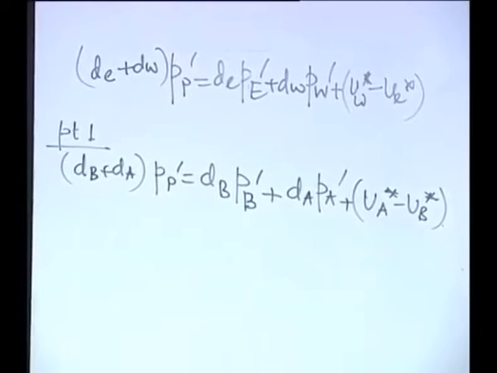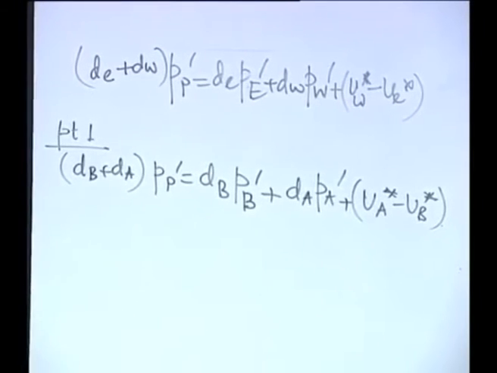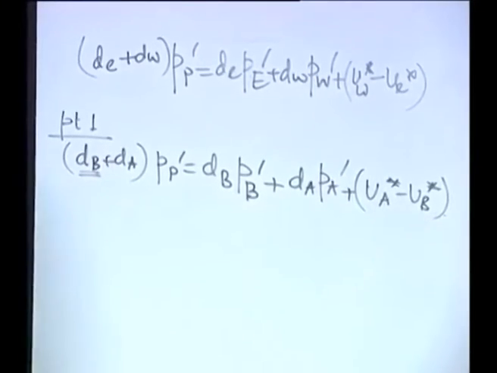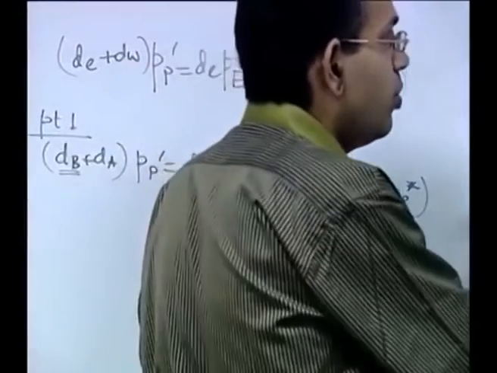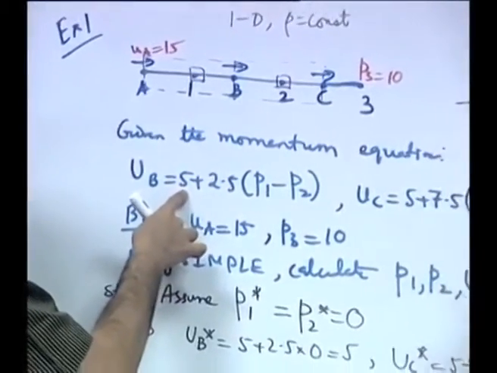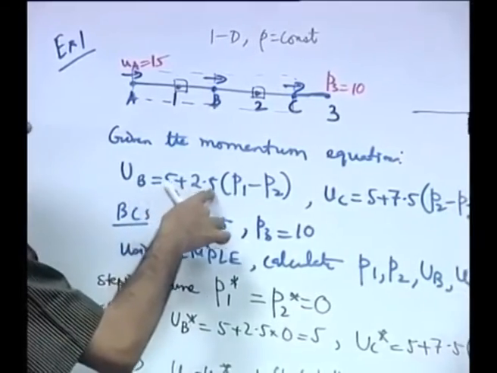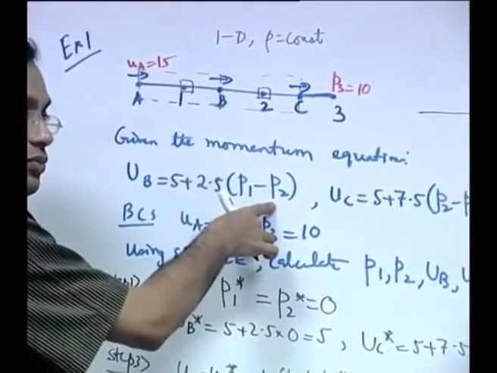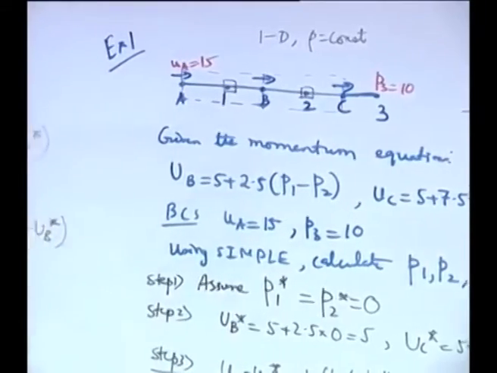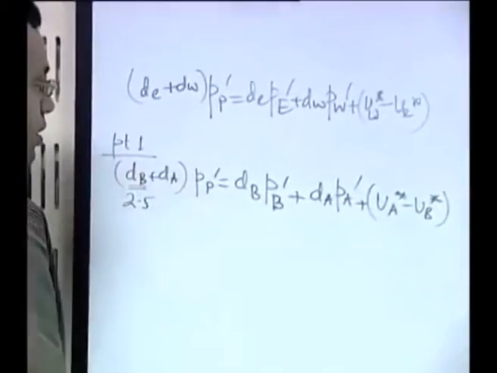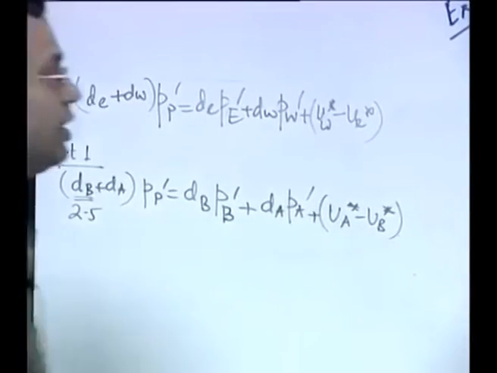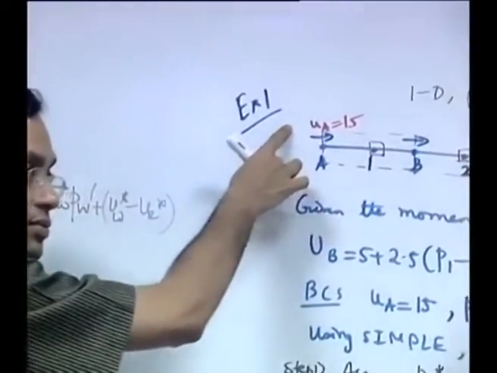What is the value of dB? What is the momentum equation given? It is of the form ub equal to ub star plus dB into P1 minus P2. So, dB is 2.5. What is dA? dA is 0 because ua is given.